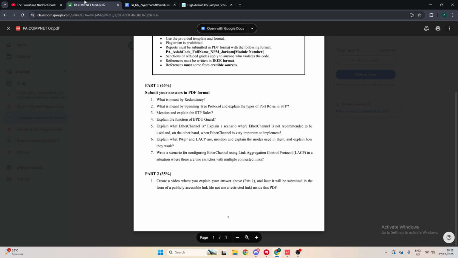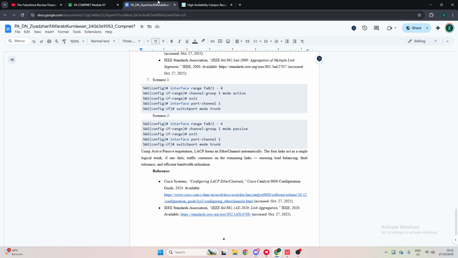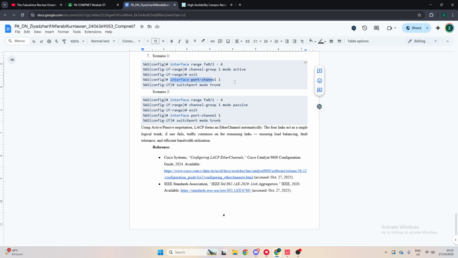Lastly, number 7: write a scenario for configuring EtherChannel using Link Aggregation Control Protocol, or LACP, in a situation where there are two switches with multiple connected links. Here we have scenario 1 and 2, with two switches, switch 1 and switch 2. For switch 1, we create the interface range of the FastEthernet ports, and then configure the channel group with mode active, and then make port channel 1 with switchport mode trunk.